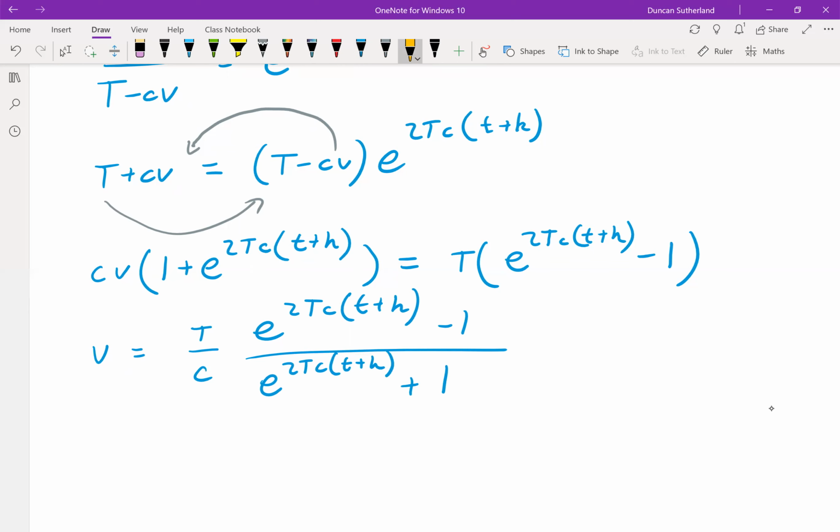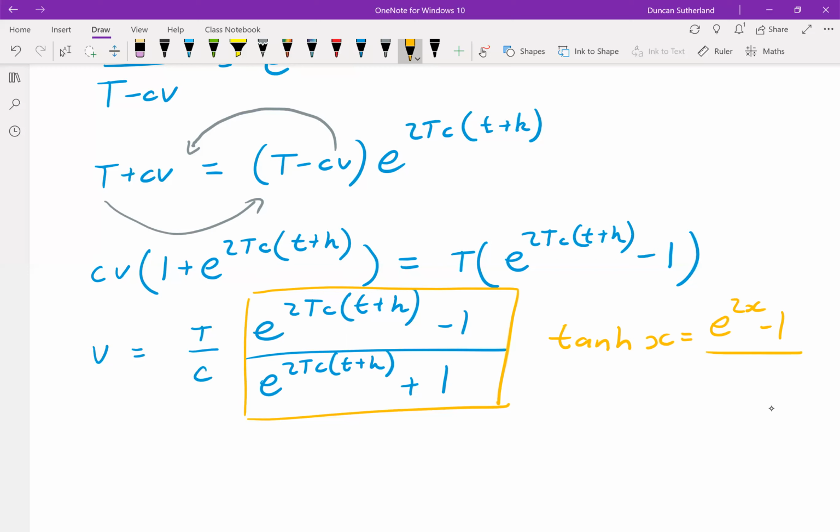All right, you can go and check this definition online. This is equal to sinh over cosh, our hyperbolic functions. This thing we call tanh. Tanh of x is equal to e to the 2x minus 1 on e to the 2x plus 1.